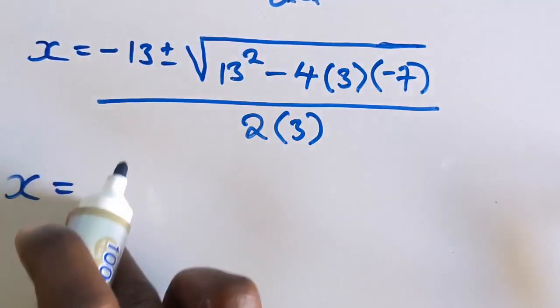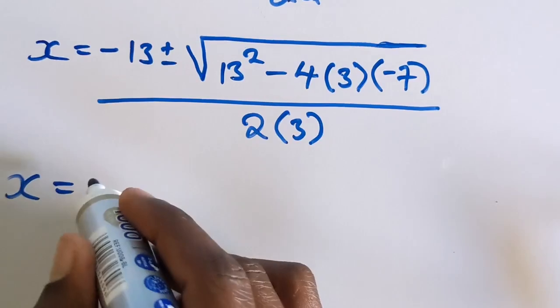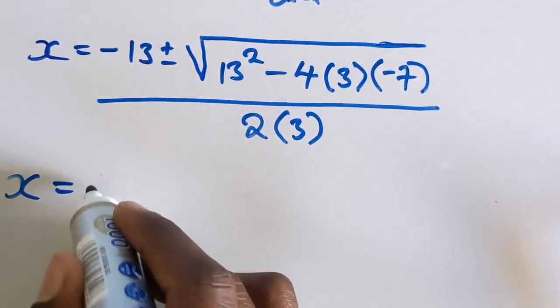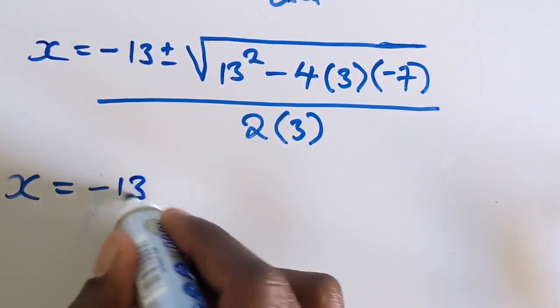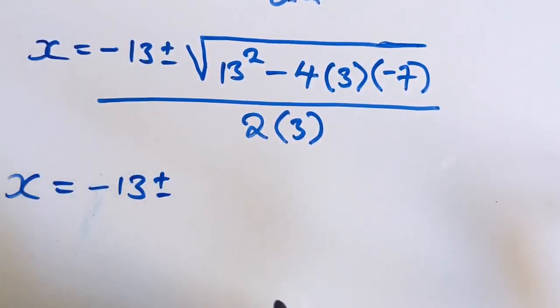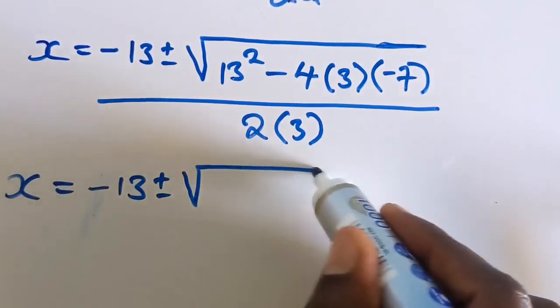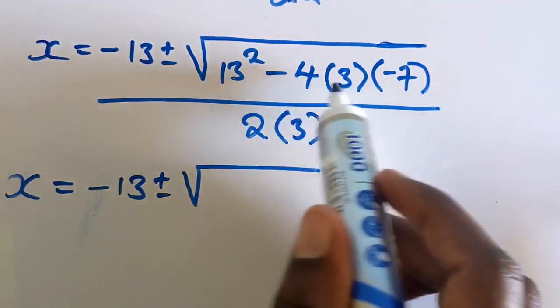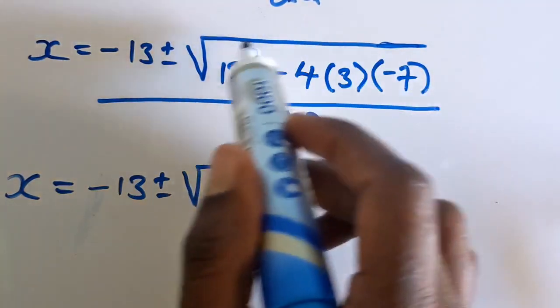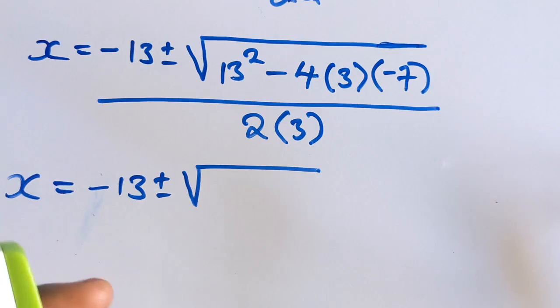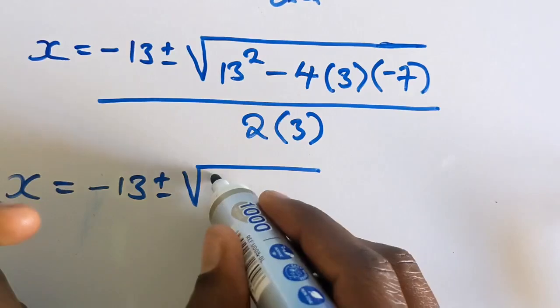There is a negative, so this is negative 13, positive or negative. All right, then you deal with what is in the square root. So what is the square root of 13? 13 squared, you're going to have 169.